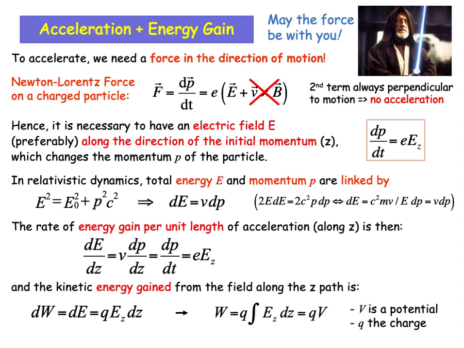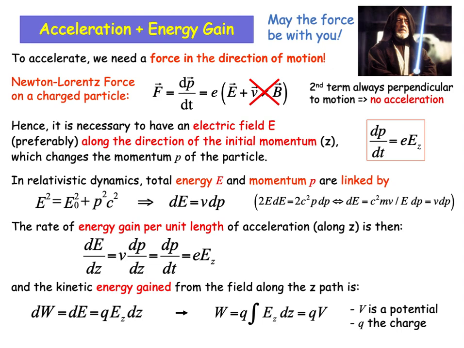In relativistic dynamics, the total energy E and the momentum P are linked like this: E squared equals E naught squared plus P squared C squared. If you differentiate this, you get dE equals V into dP. So the energy gain per unit length of the acceleration column, dE by dZ, is equal to V into dP by dZ, which equals e into Ez, where e is the charge and Ez is the electric field along the Z direction.